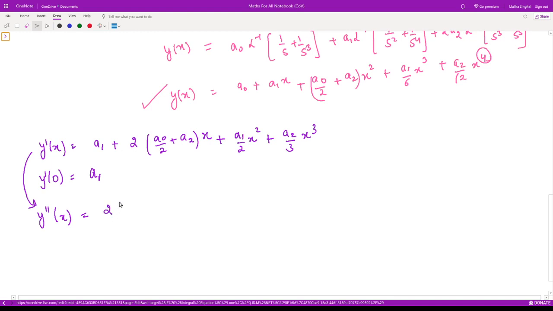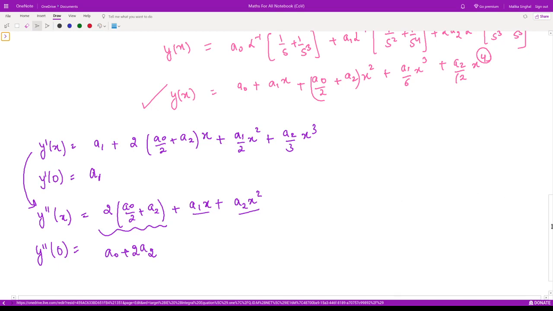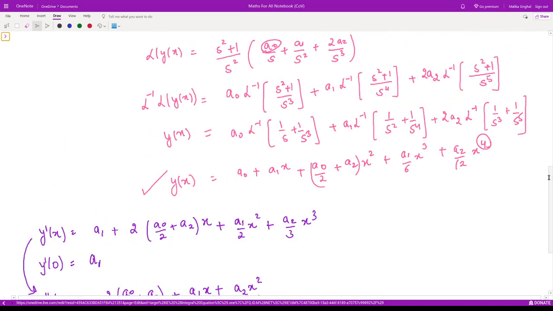We would get 2 times a naught by 2 plus a2 plus a1x and a2x square, right? And now they are again asking y double dash of 0. What would be that? This term would be 0. This term would be 0. So we are remaining with this term only. So it would be a naught plus 2a2.